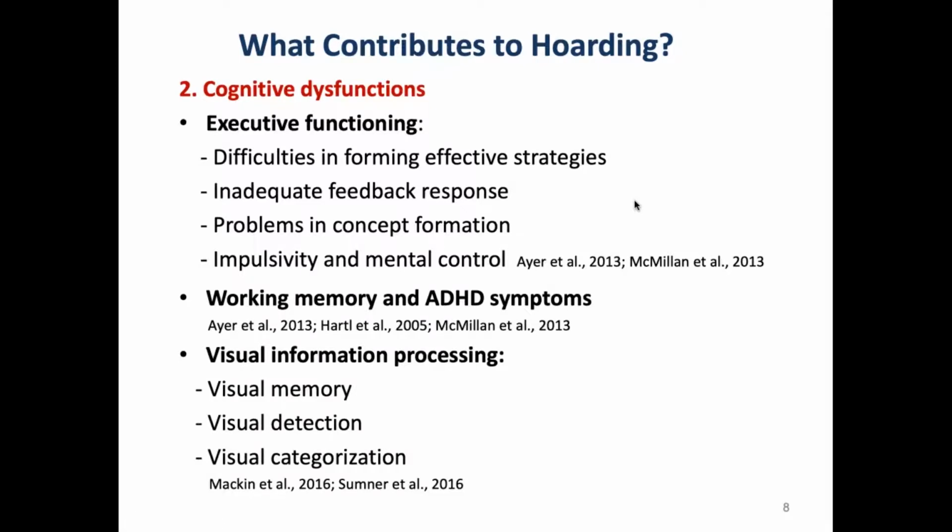If you imagine you're sorting paper, you need to categorize different types of papers. And then you need to come up with some criteria, say, if it's older than 5 years old, then you could discard it. Some of these functions are not functioning as well in this population.